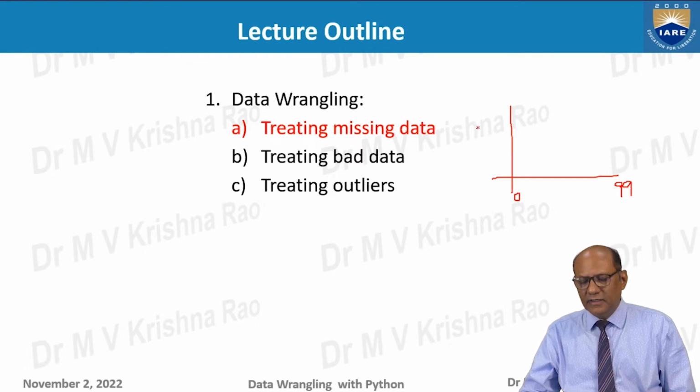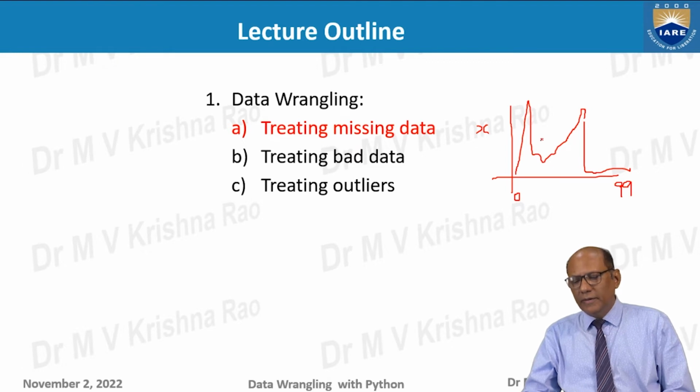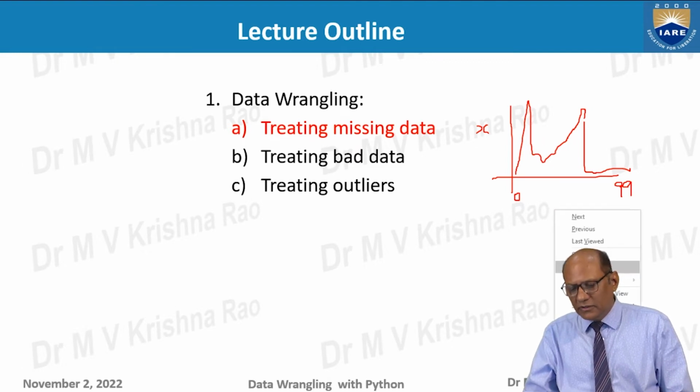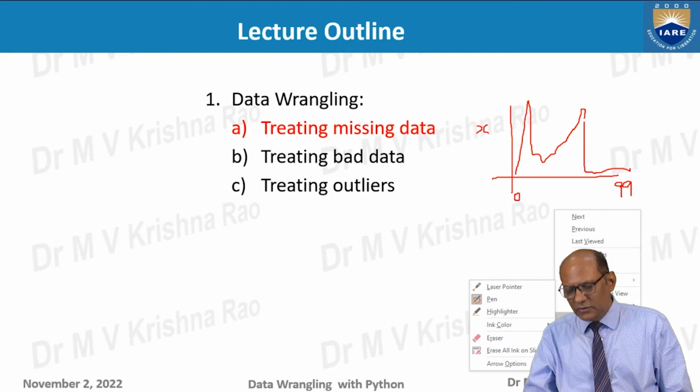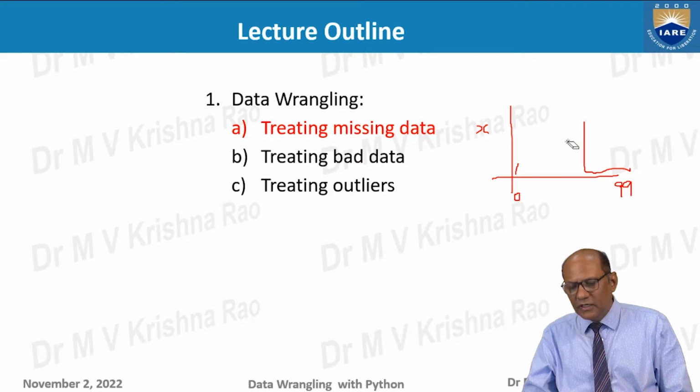Let us say some variable x I am taking, and when I am plotting, let us say I am getting something like this. Not even this. This is not really representative. Let me erase this and do it again.